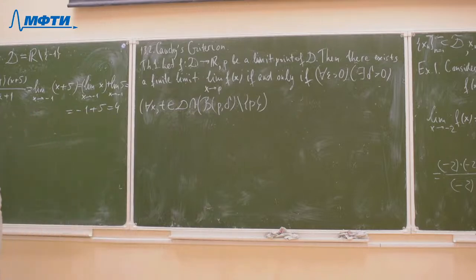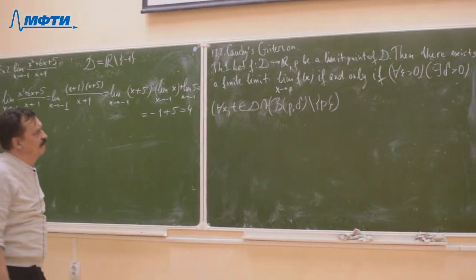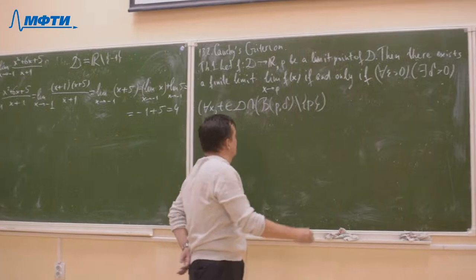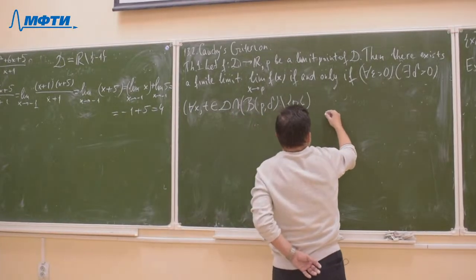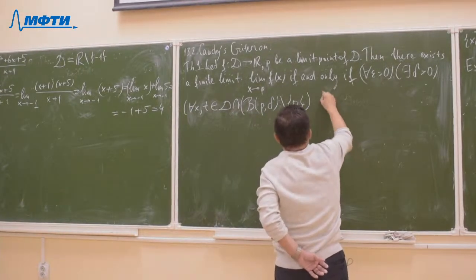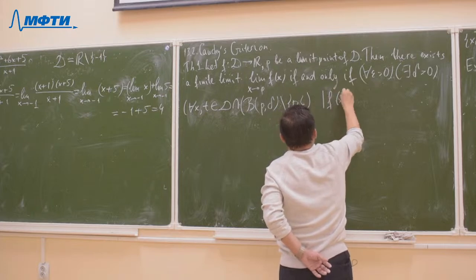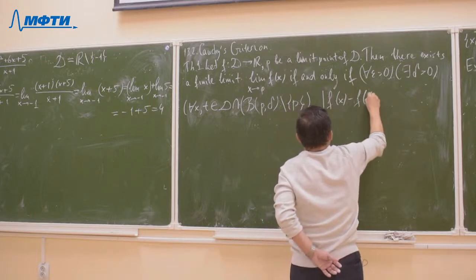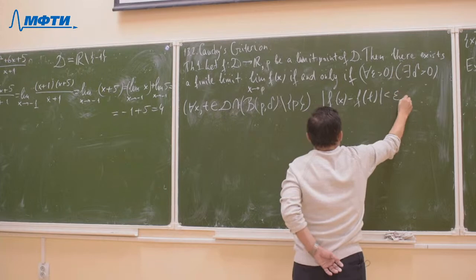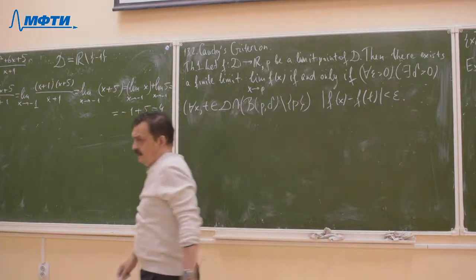Let me write it like that. And for all those x and t, we have the absolute value of f of x minus f of t less than epsilon.